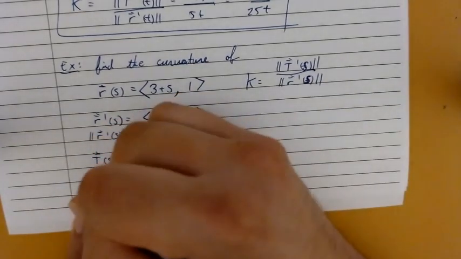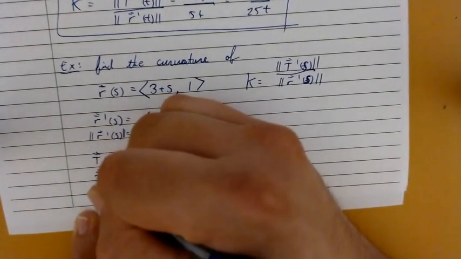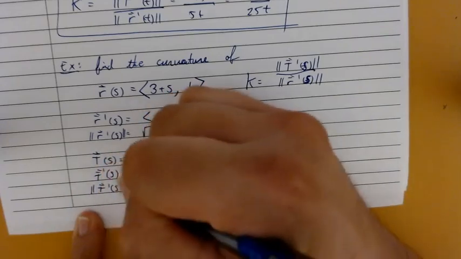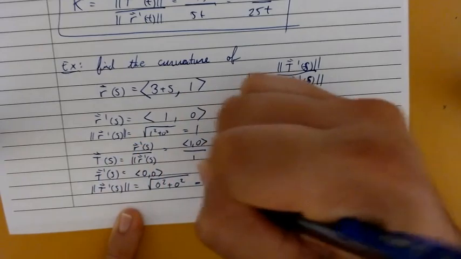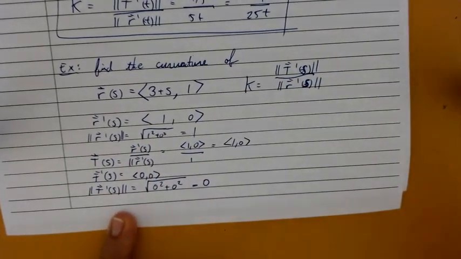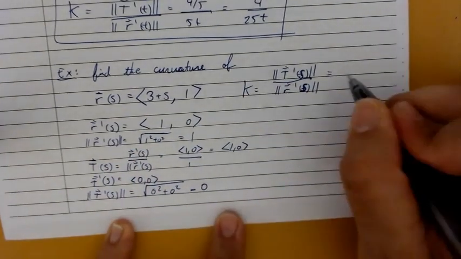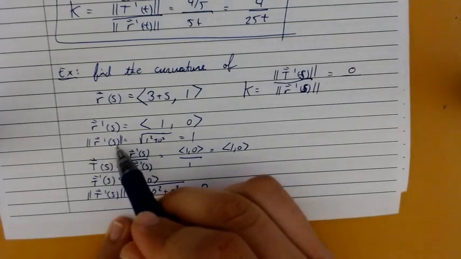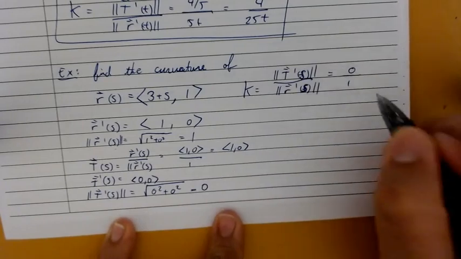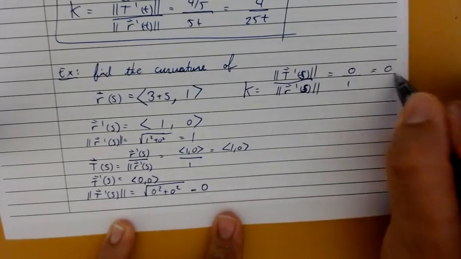And then I want the magnitude of the 0 vector, which, if there's any justice in the world, it's got to be 0, doesn't it? Yeah, clearly that's 0. So over here, that means that our curvature is 0 over, here r prime of s has a magnitude of 1, 0 over 1, which is 0.